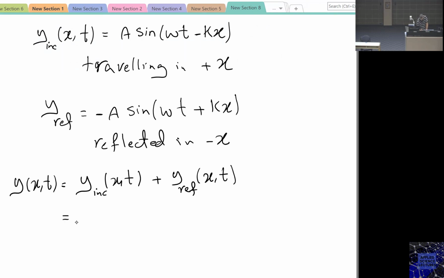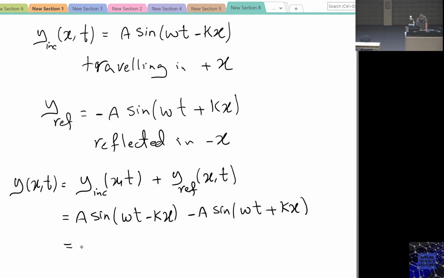Where y incident is A sine omega t minus kx, minus A sine omega t plus kx. If I take A outside, and this derivation is only to show you how we got this function, A times sine omega t minus kx, minus sine omega t plus kx.